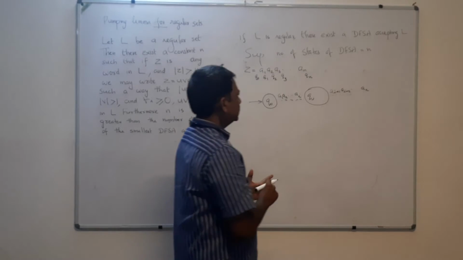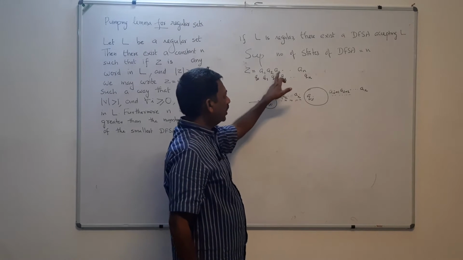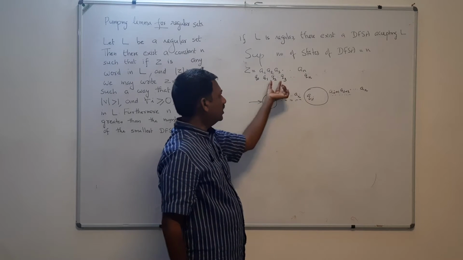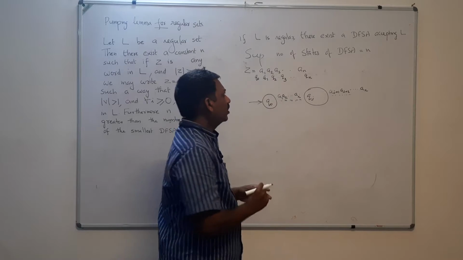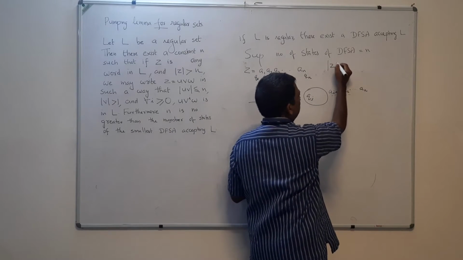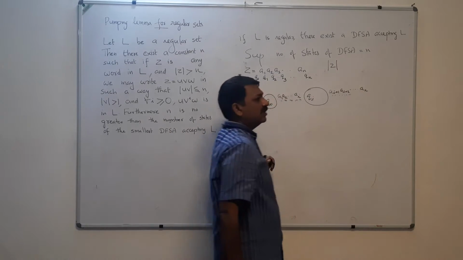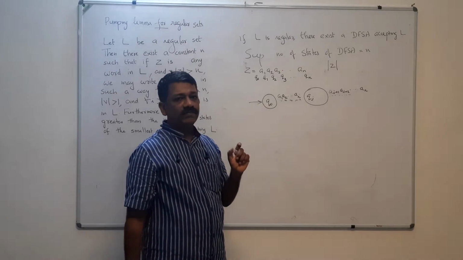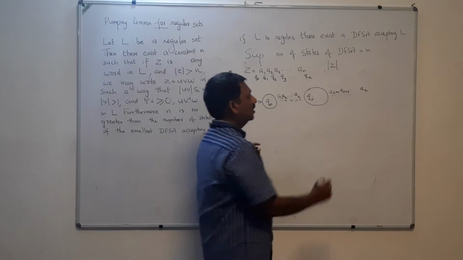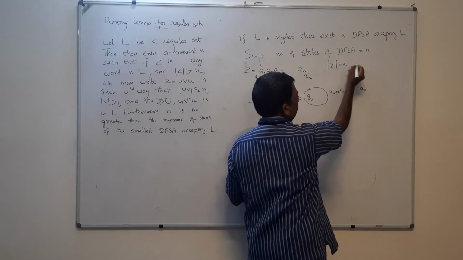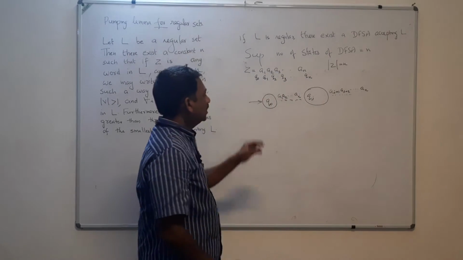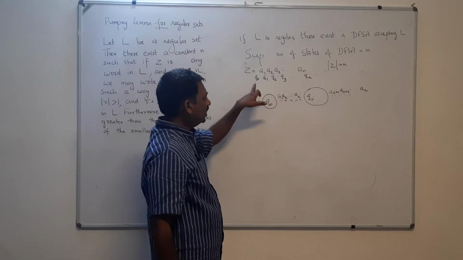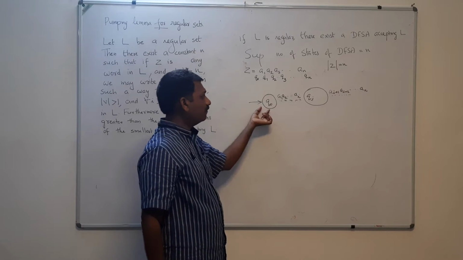The string is A1, A2, A3, etc. up to An. That means modulus of Z, the number of elements in that string, is equal to n. Initially it is in state Q0.